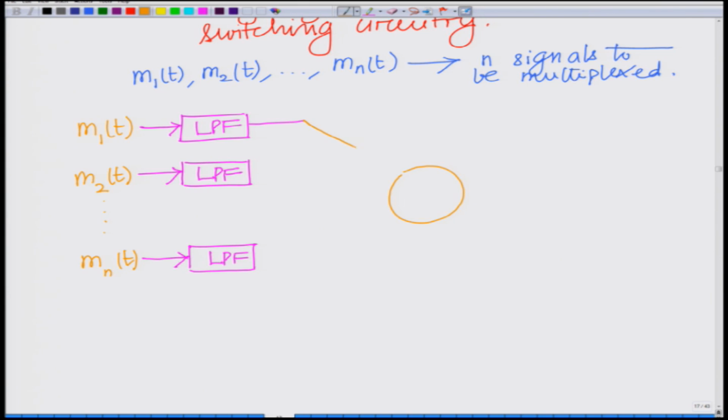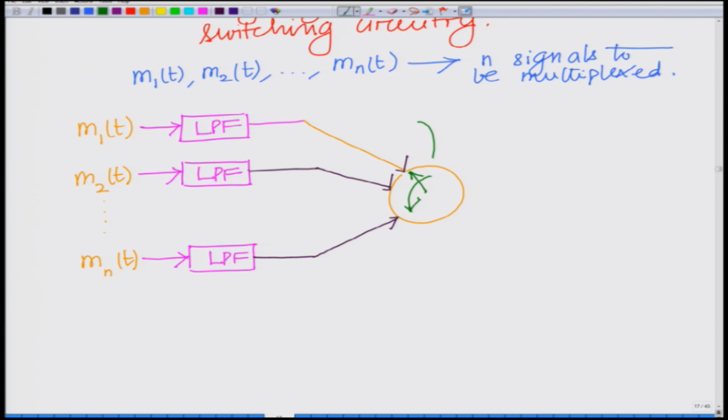So we have m1(t), m2(t), up to mN(t), each sampled by a high speed commutator.